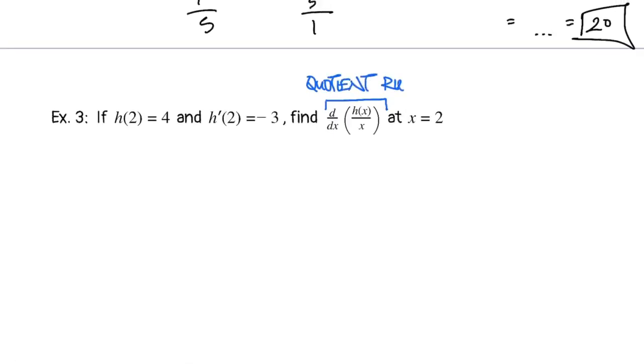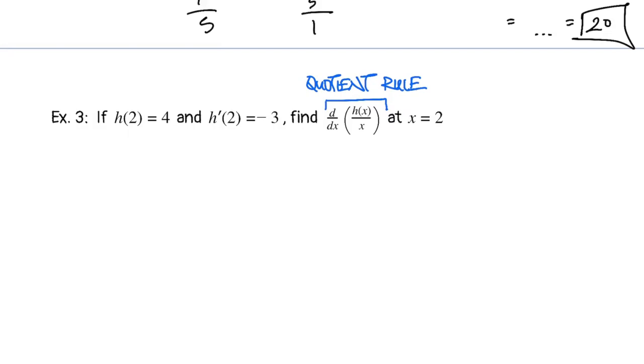We definitely want to use quotient rule here, because we don't have a lot of information. If we had more information, maybe we could simplify it, but we don't know what that function h looks like. Since we don't know exactly, we have to play it safe and use the quotient rule, because it might simplify, but we don't actually know.